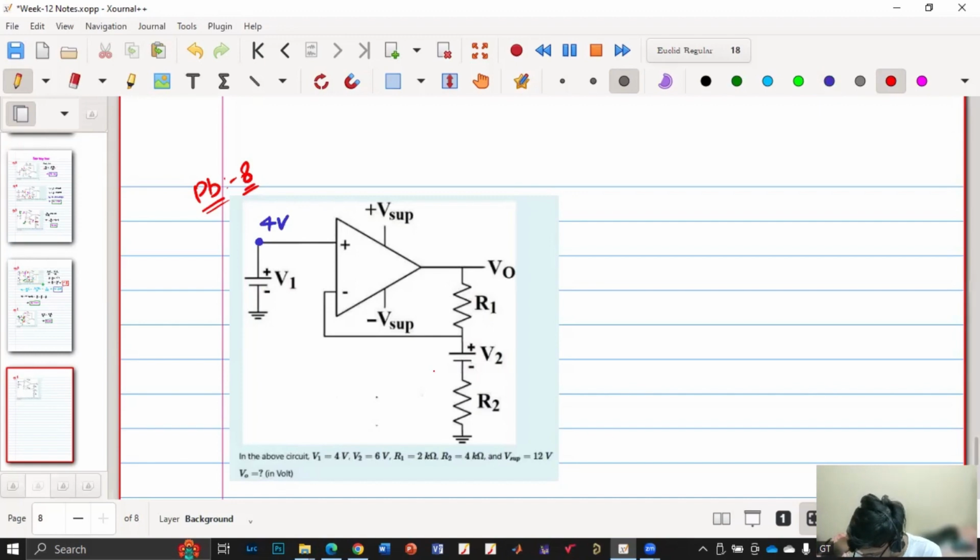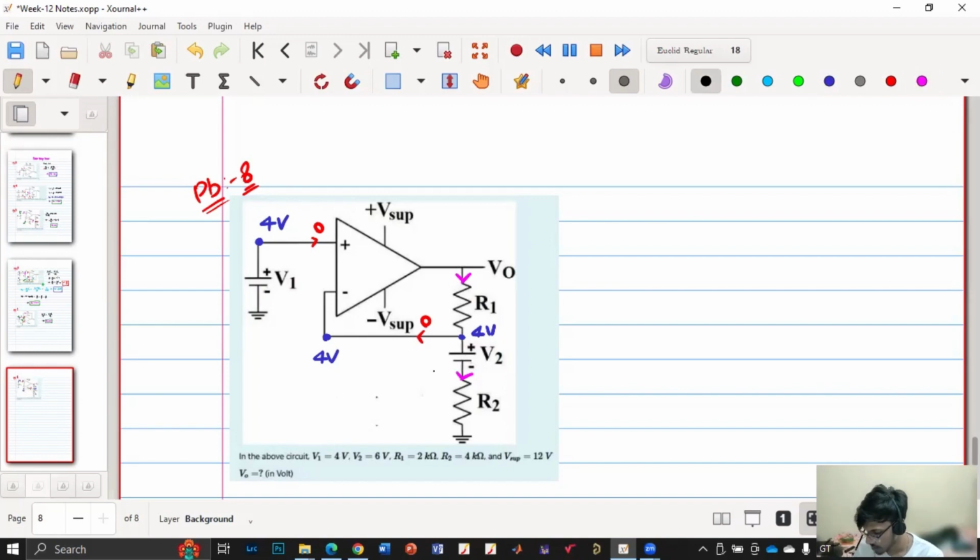And first of all, this current is 0, and this current is also 0. So what is the voltage here? This terminal? 4 volt. So this terminal is also 4 volt, right? Agree? Now current entering here will be the current going like this, right? The same current will flow through R2. So apply KCL.